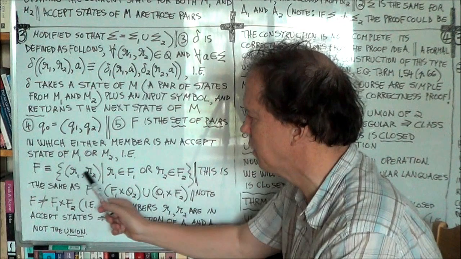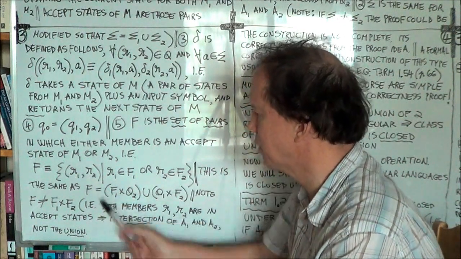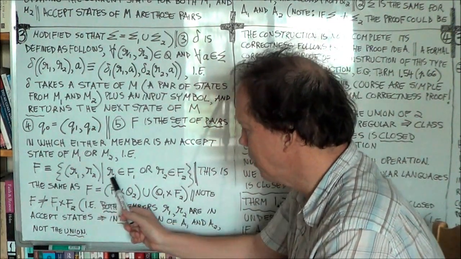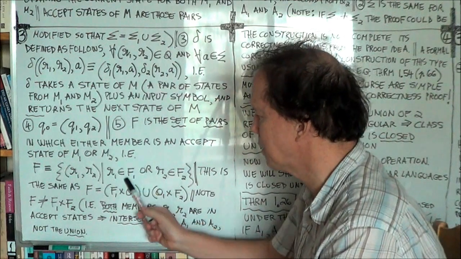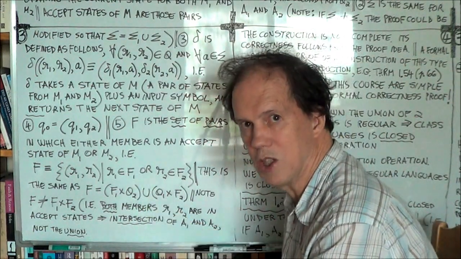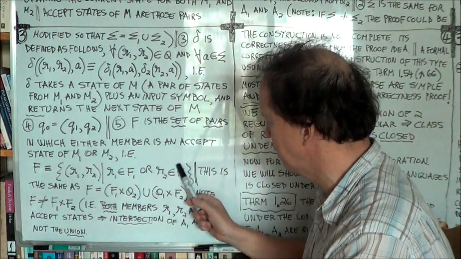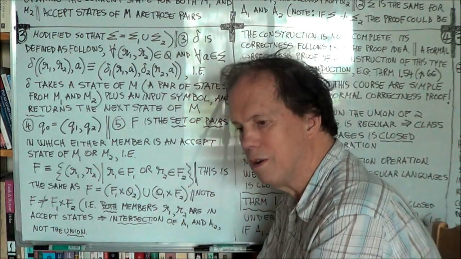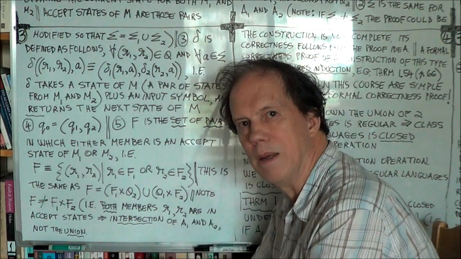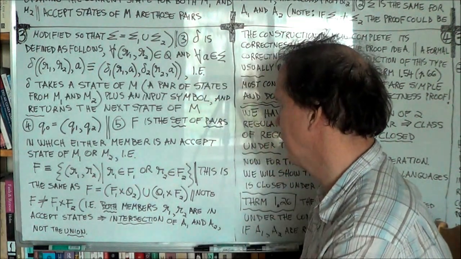So that's the condition on these members of the ordered pair. In other words, R1 belongs to F1, the set of accept states for machine M1, or R2 belongs to F2, the set of accept states for machine M2.